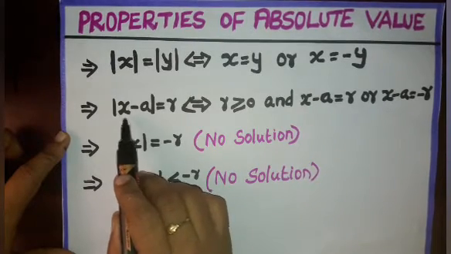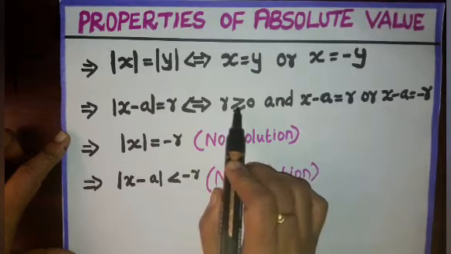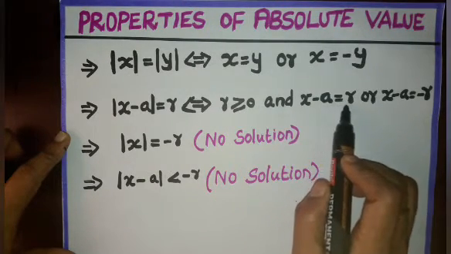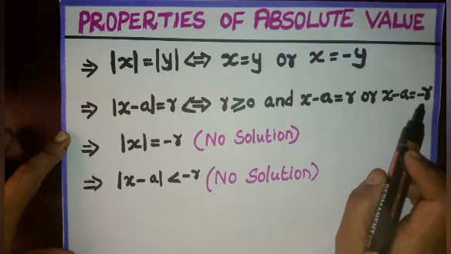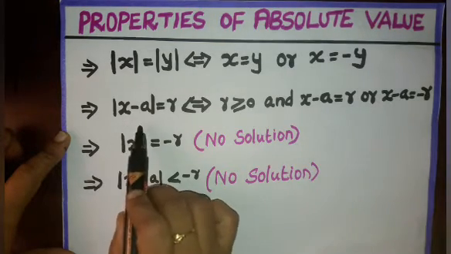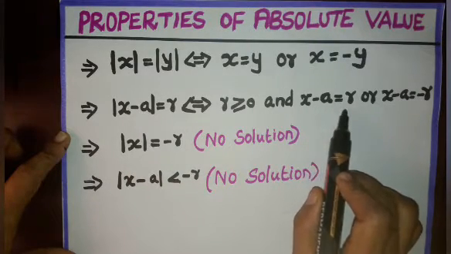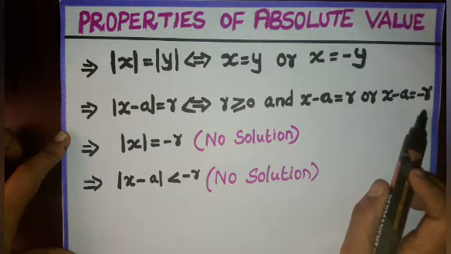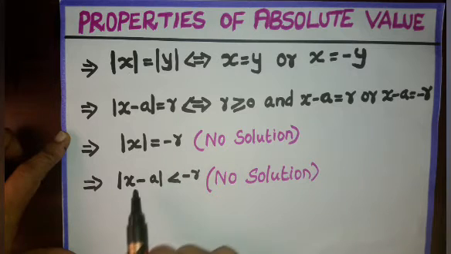Next, modulus of x minus a equals r if and only if r is greater than or equal to 0 and x minus a equals r or x minus a equals minus r. Then x minus a has two values.